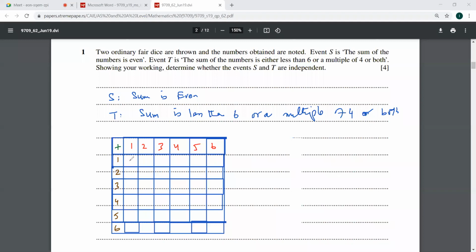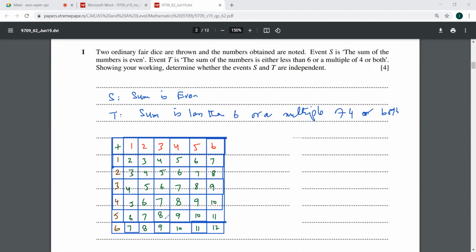The sums are going to be 2, 3, 4, 5, 6, 7, 8, and so on, and then these are the sums.